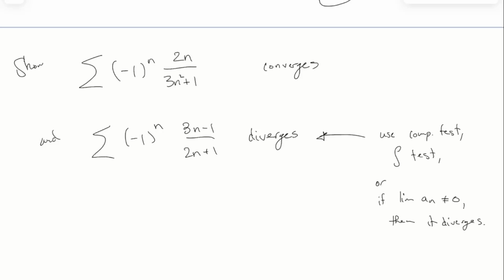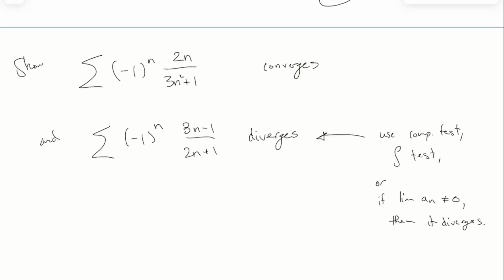So the limit is 3 over 2, which is not 0. If that ratio is not 0, then the two sequences have the same behavior, but it doesn't mean that they converge. That's right. What you're doing here is a_n divided by another a_n, so you're not actually showing the limit of a_n, it's the limit of that fraction. Okay, got it.